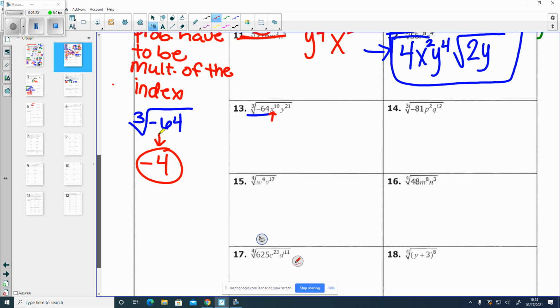So I'm going to have cubed root of x. What's left is going to be a cubed root of x to the 9th. Remember, when I multiply these, I'm adding the exponent. So I just split it, okay? And then y to the 21st is still good. So cubed root of y to the 21st.